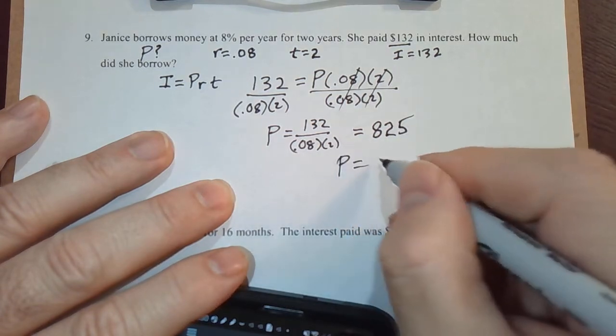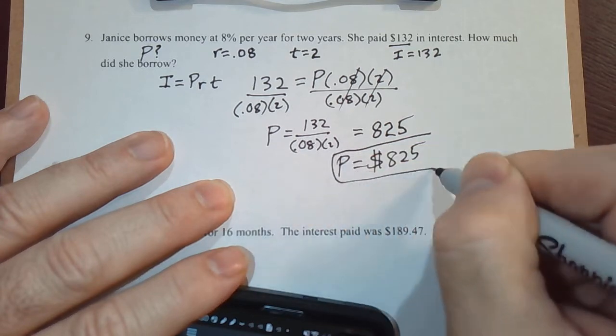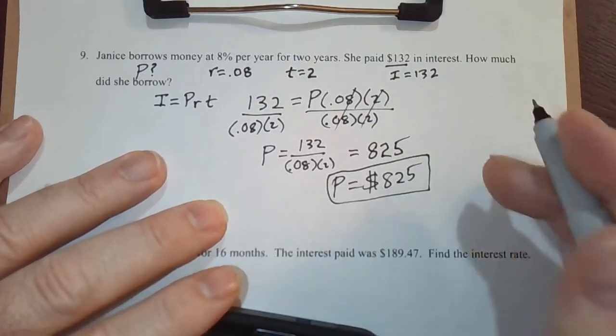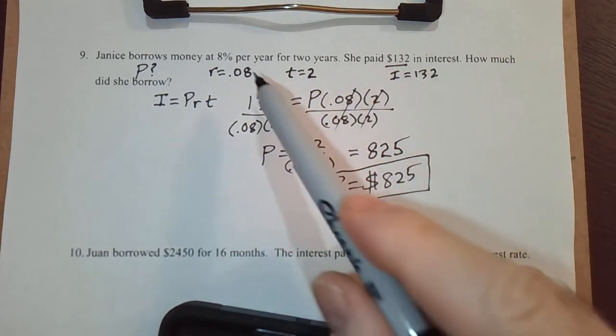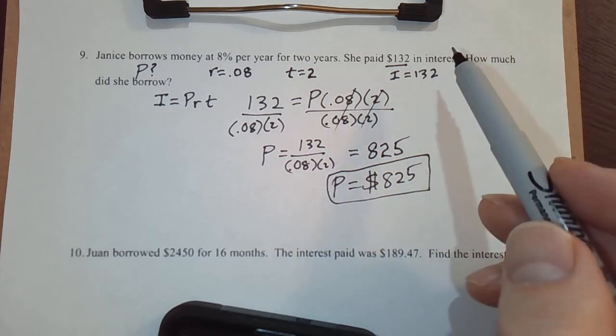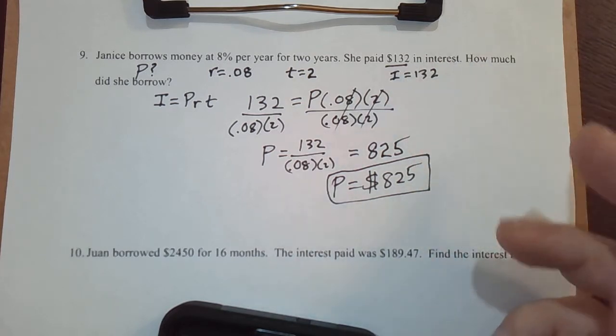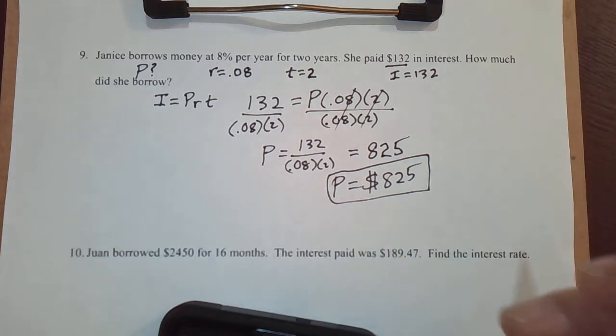So P is $825. So if Janice borrows $825 at 8% for 2 years, then she will pay $132 in interest. Right?